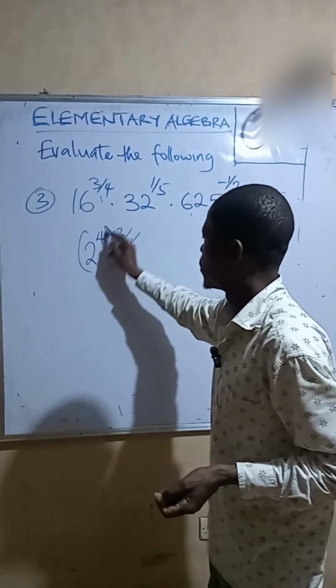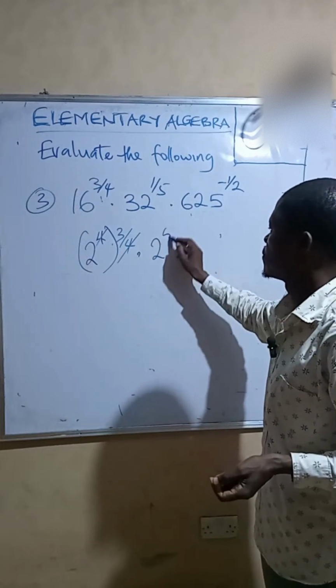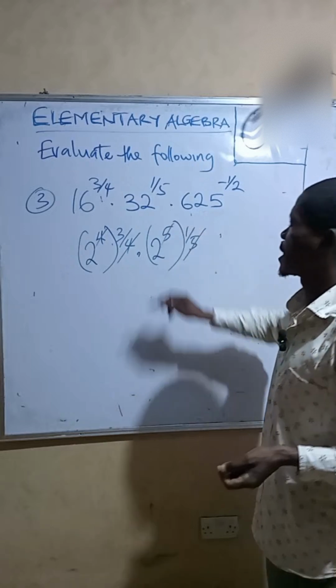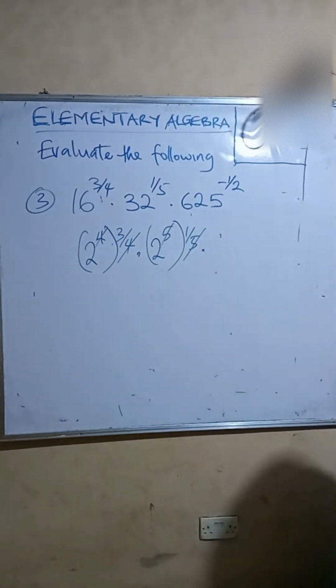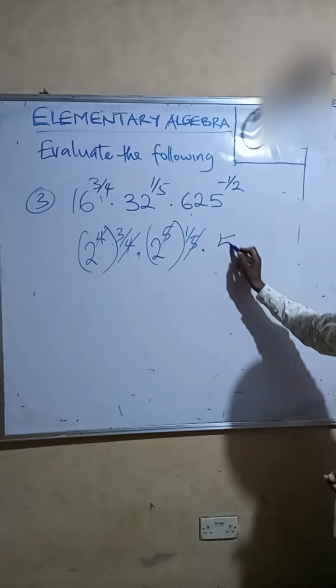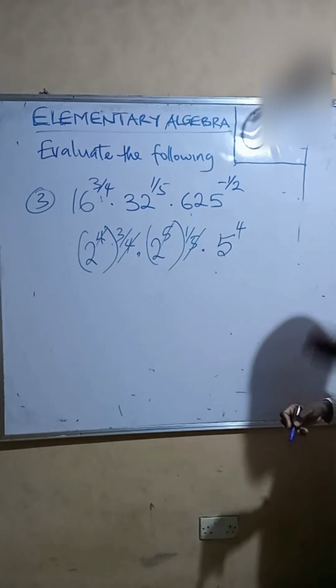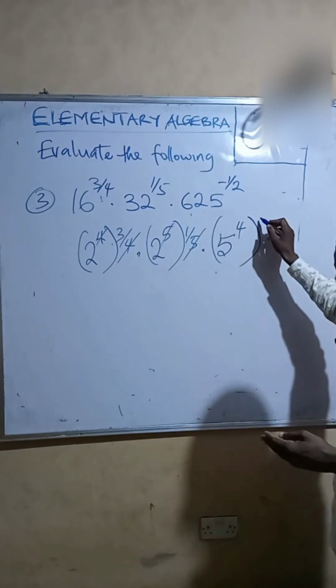So this 4 and this 4 cancel. Times 32 is 2 to the power 5. This 5 also cancels. And then 6 to 5 is 5 to the power 4, that is 5 in 4 places, times minus 1 over 2.